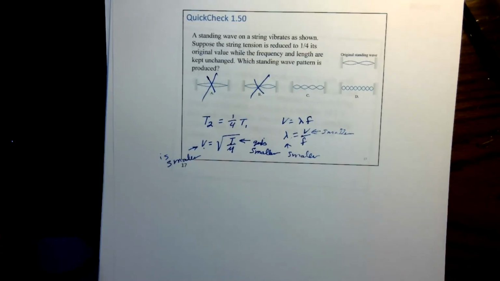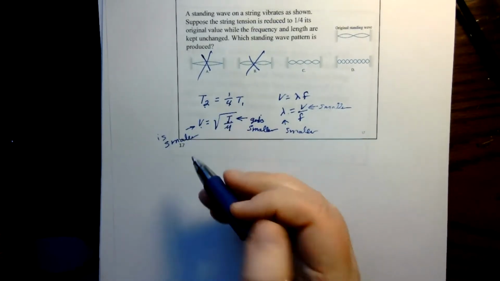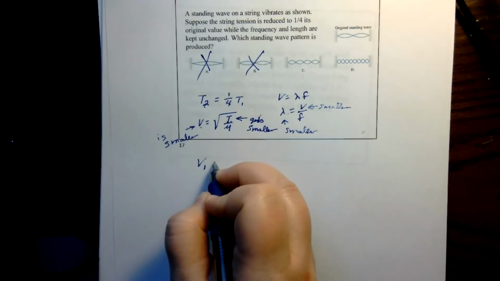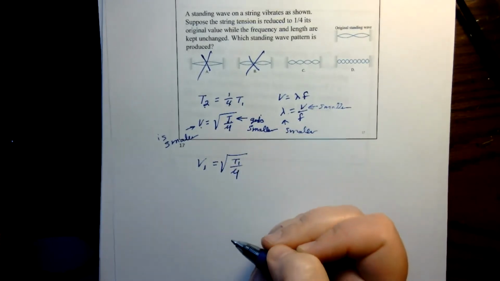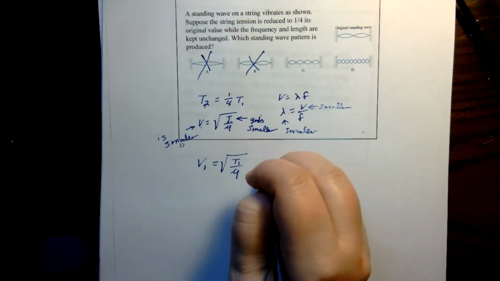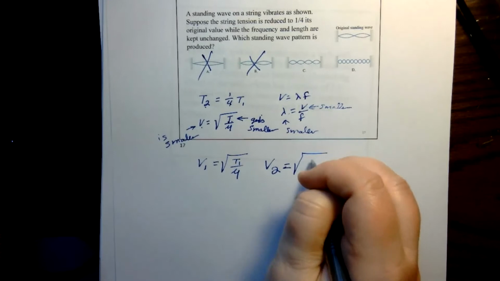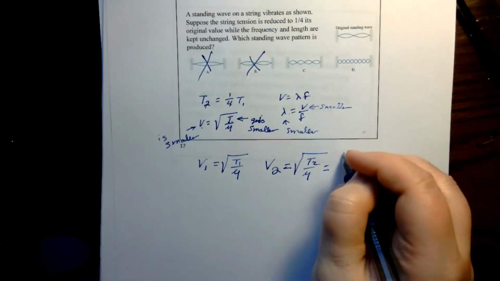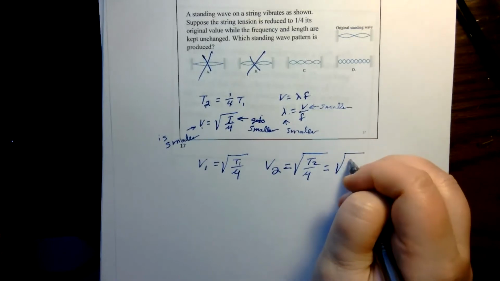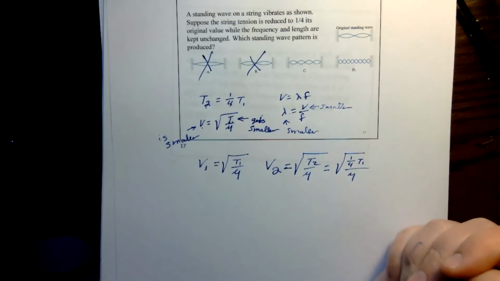Okay, so let's go through and do this mathematically now. We know that T2 is equal to 1/4 T1. So we know that V1 was equal to the square root of T1 over mu. We know that V2 is equal to the square root of T2 over mu, which is going to be equal to the square root of 1/4 T1 over mu.